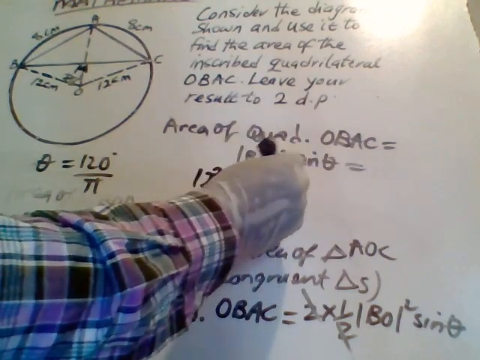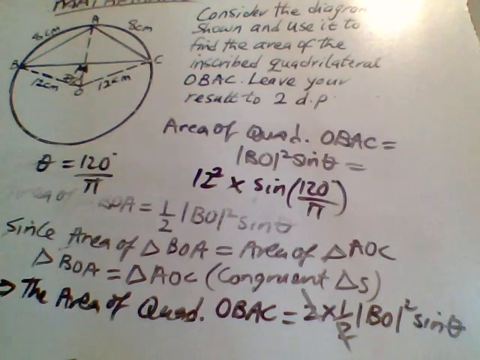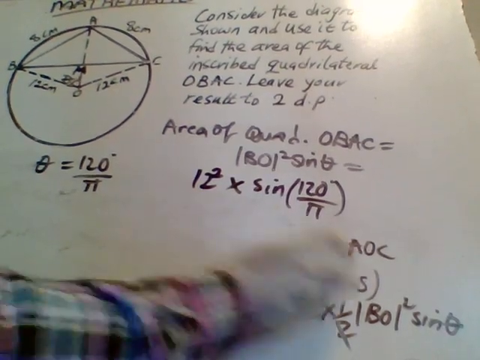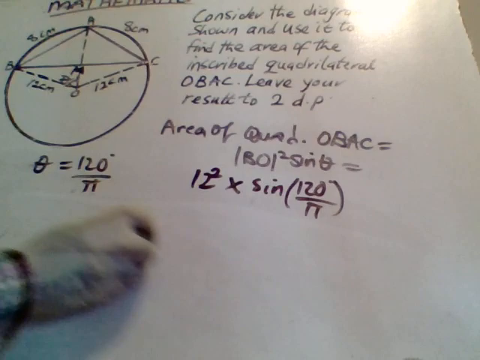Sine of 120 degrees divided by pi. So solve for this.